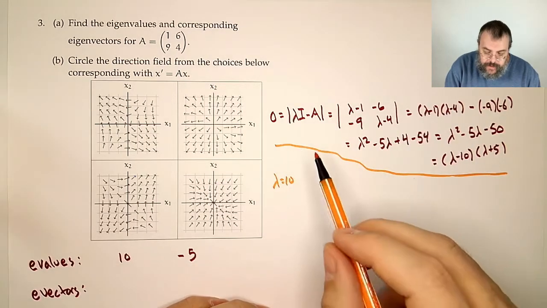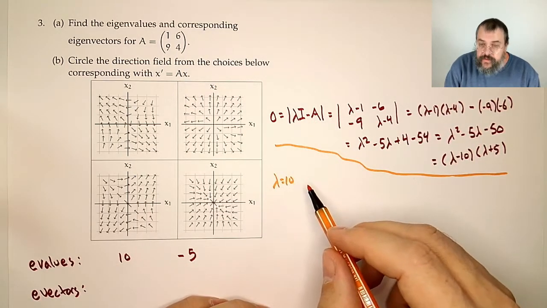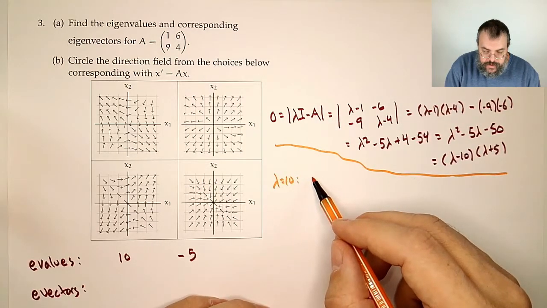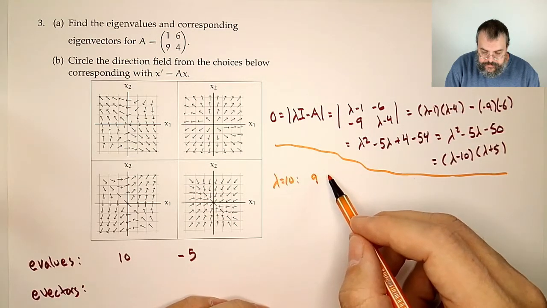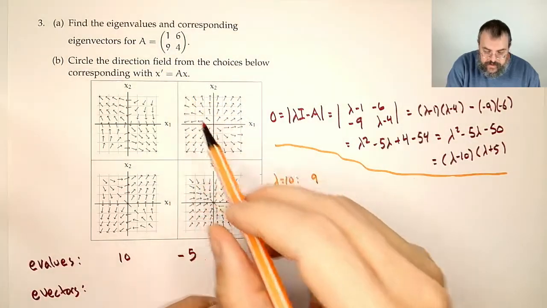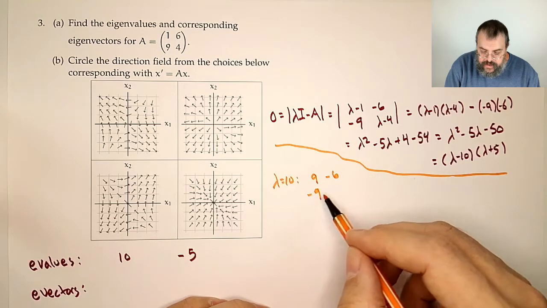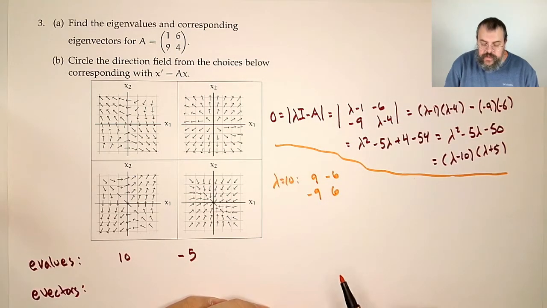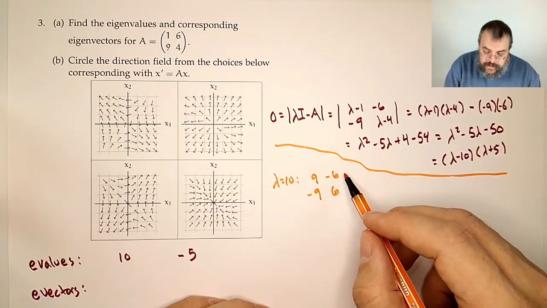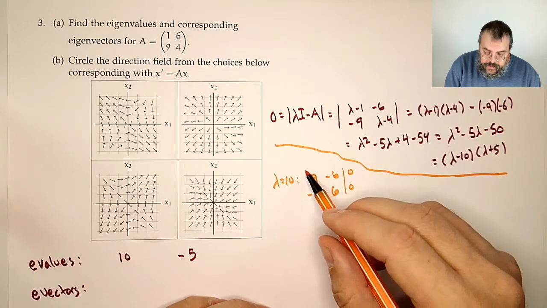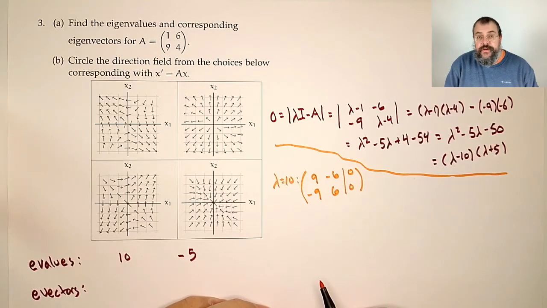So I want to look at lambda I minus A. In particular, that would be what? Well, it would be 9, because 10 minus 1, and minus 6, and minus 9, and plus 6. This is lambda I minus A. And then I'm going to do a little bit of work here, 0, 0.